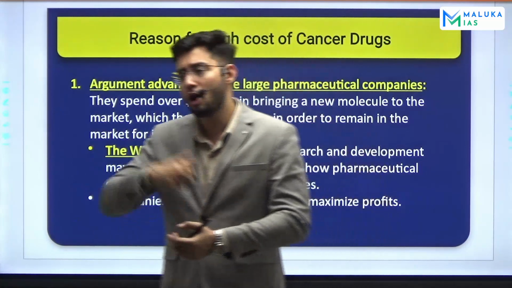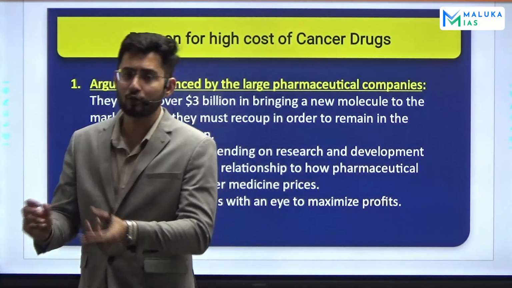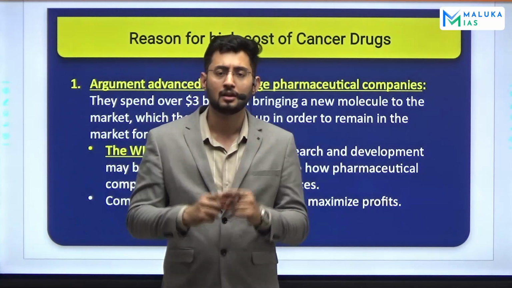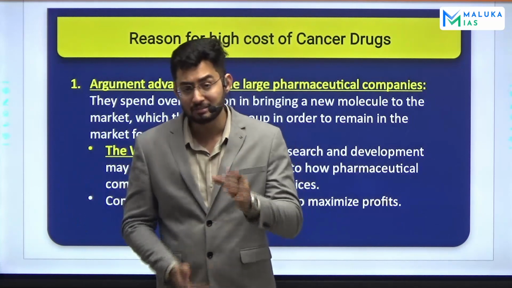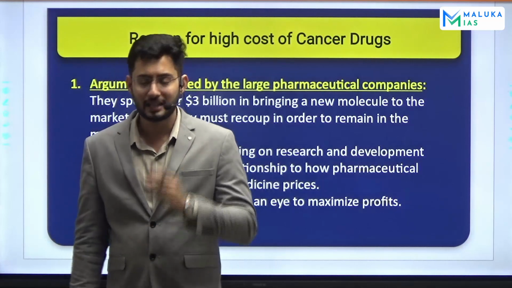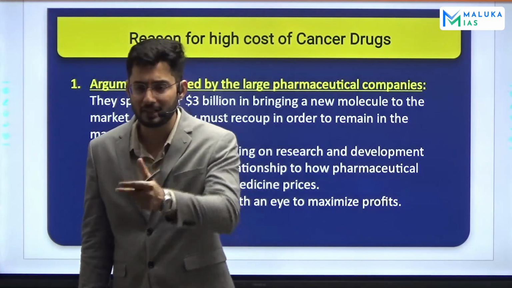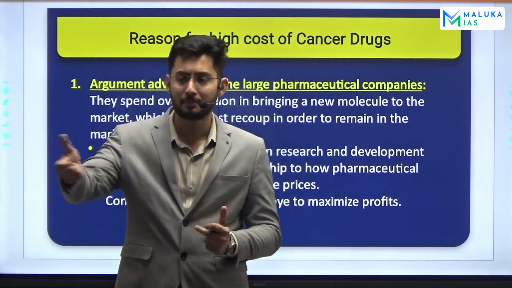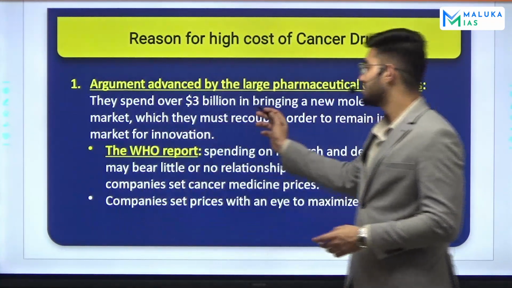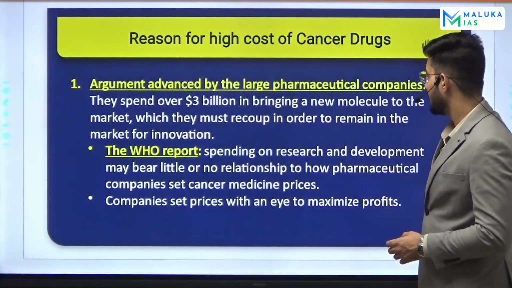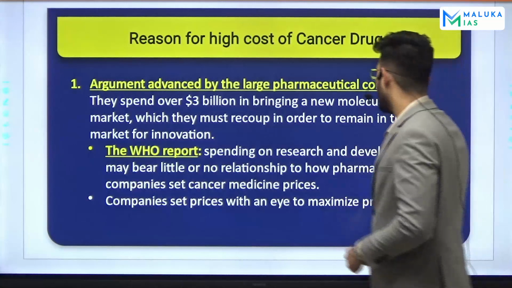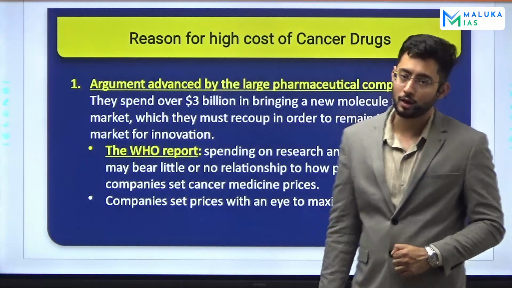And the hospitals also have to pay them for using that particular medicine for cancer treatment. So that is a very huge capital investment: you invested, you purchased the patent, then you are using it, right? They spend over $3 billion in bringing a new molecule to the market, which they must recoup in order to remain in the market for innovation.